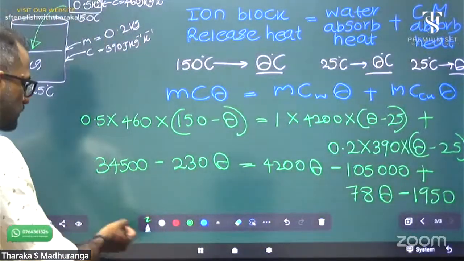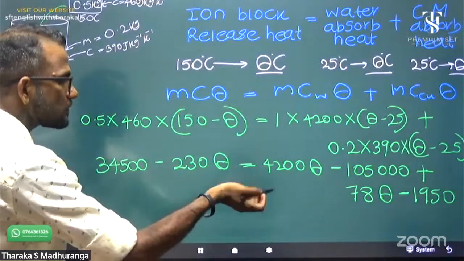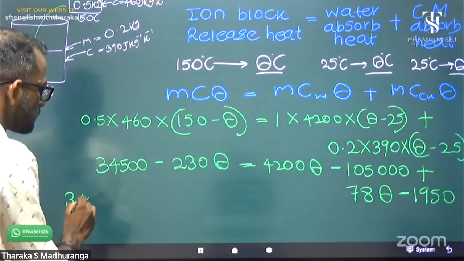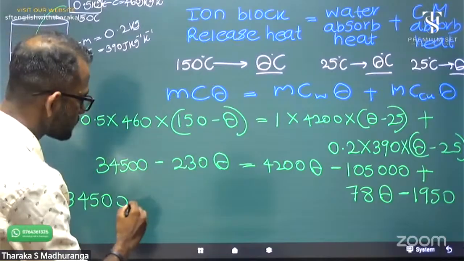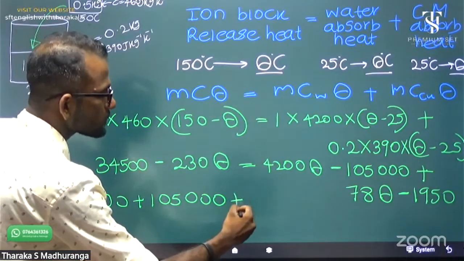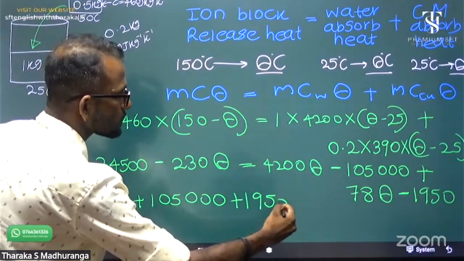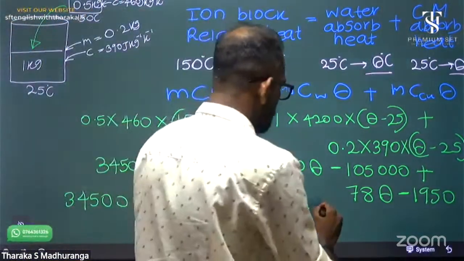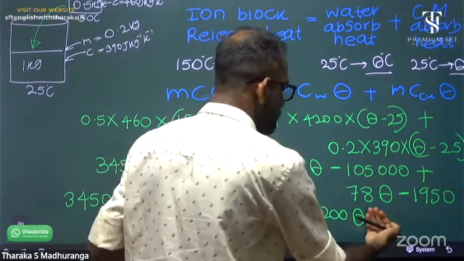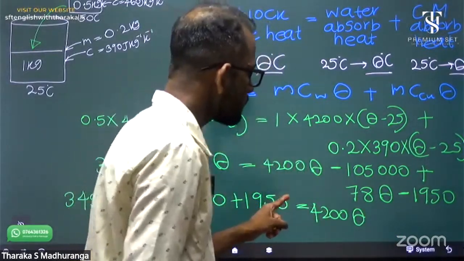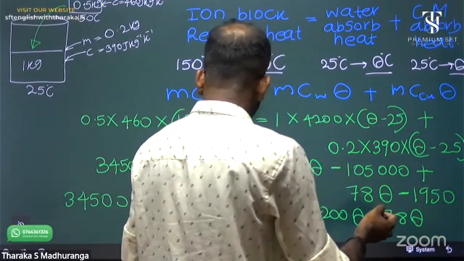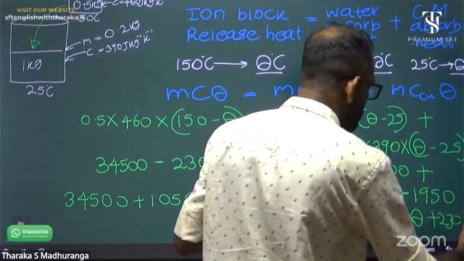Now, by the same method, get the theta terms into one side and the other values into the other side. 34,500 plus 105,000 plus 1,950 equals 4,200 theta plus 78 theta plus 230 theta.